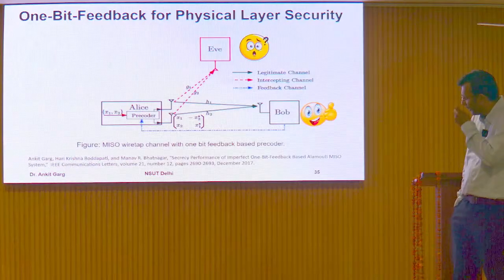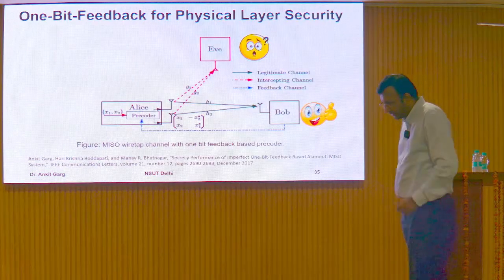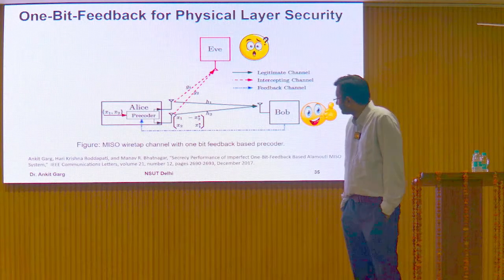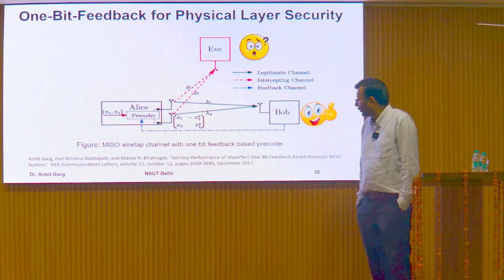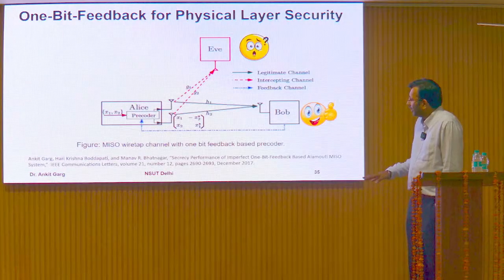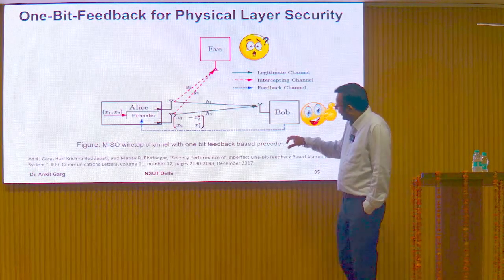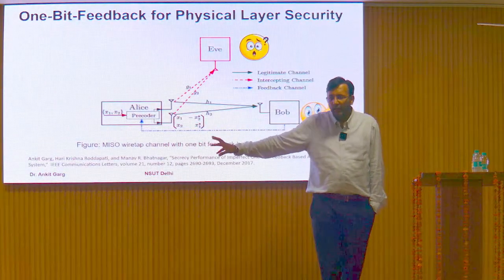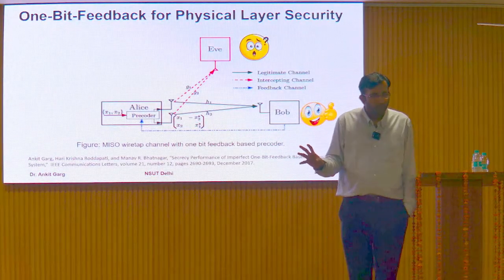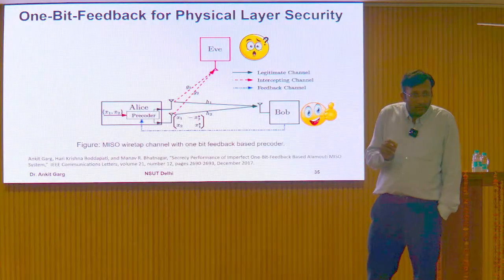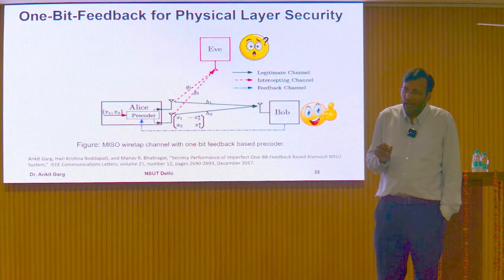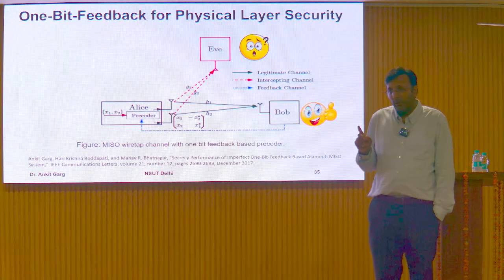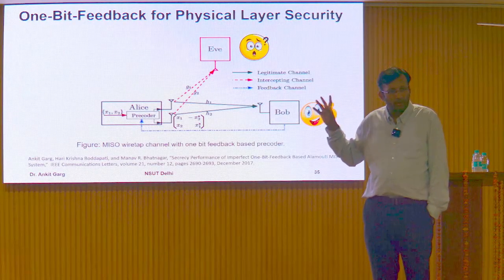Okay, so what we have learned so far, try to compile all such things before understanding this one. What we are doing is providing the feedback information to the transmitter and accordingly choosing the precoder, right? Whatever precoder has been selected at the transmitter side, the same precoder will work for the eavesdropper as well.